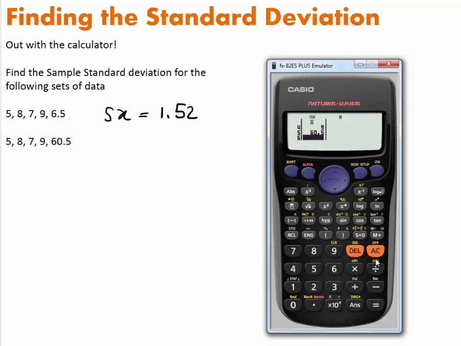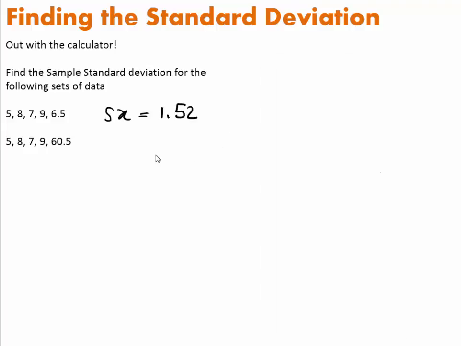Once I've entered my data, all clear, and we go back to the stats menu, and we want variance, sample standard deviation. As you can see, the standard deviation is much bigger here, and that's telling you it's much more spread out. That set of data compared to the first set is significantly more spread out. So that's going to be 23.86.